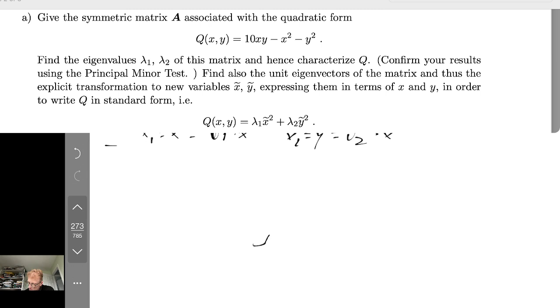So this is the tilde. That's how you calculate the relationship between the new tilde variables and the old x and y variables.